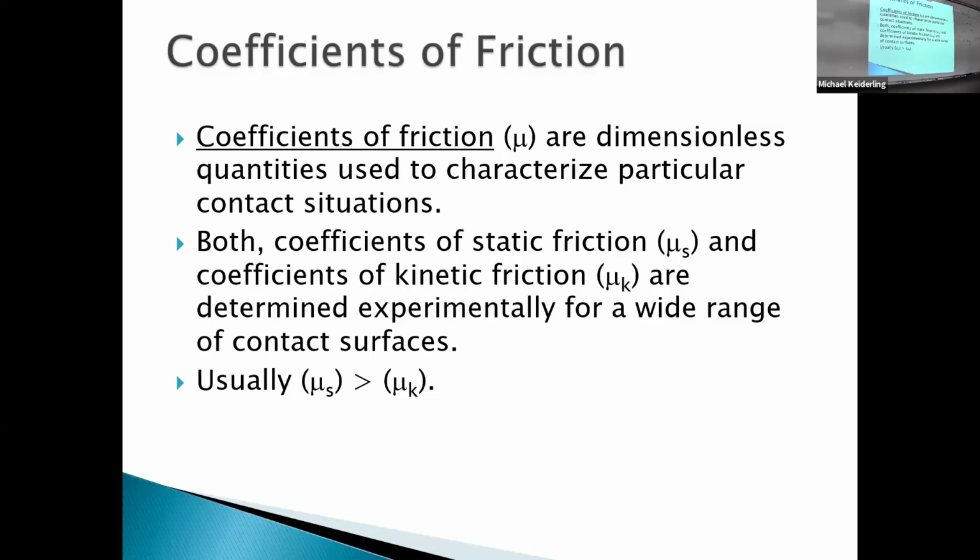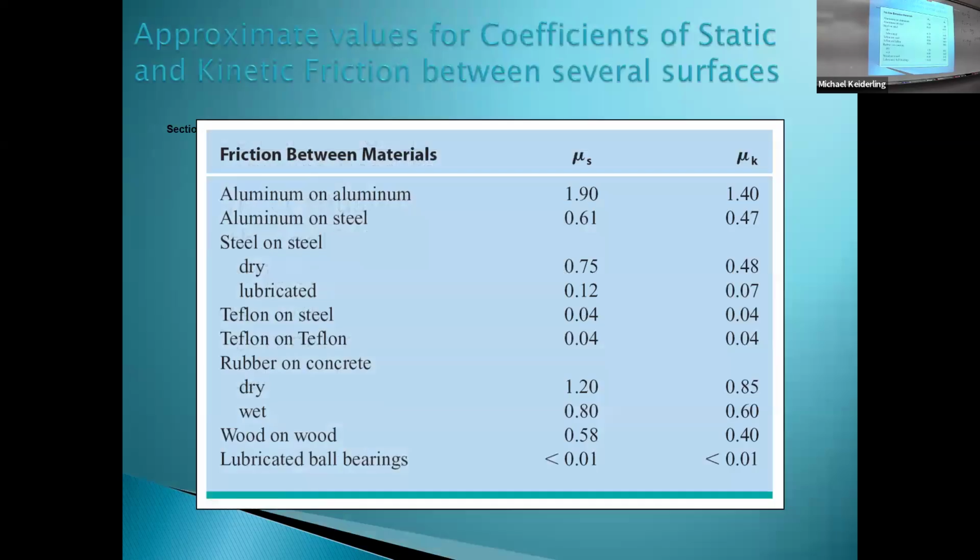I've seen some where they're so close as to be the same. But generally, the coefficient of static friction is greater than the coefficient of kinetic friction. I'm not going to say that's always the case because I'm certain there's some bizarre case where that's not true, but pretty much every case you'll ever see, that is the case.